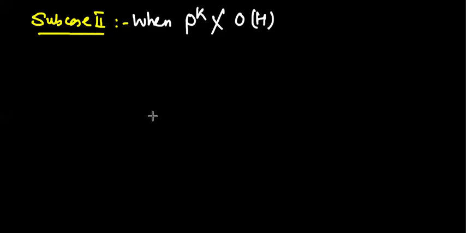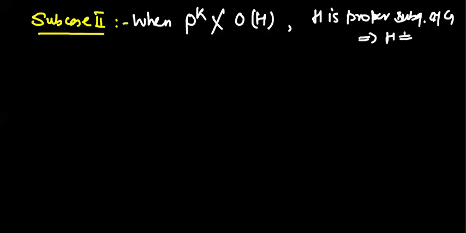We also know that H is a proper subgroup of G, which implies H is not equal to G. Now here we will use the class equation.